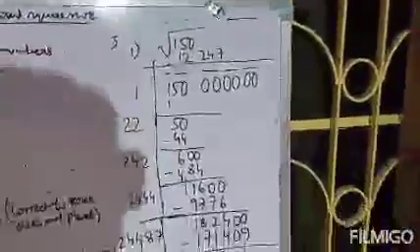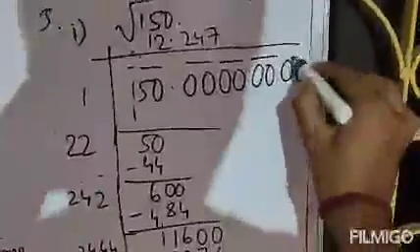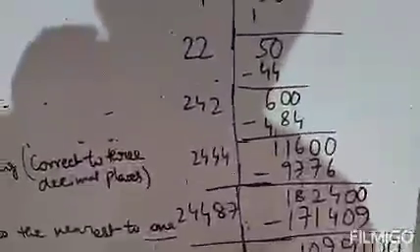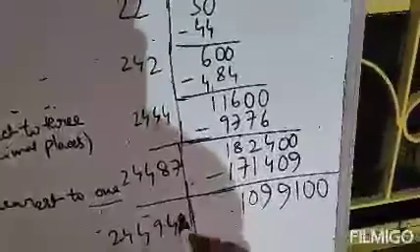Clear? Now after the decimal there are three digits, so only one extra digit will be taken. These two zeros were used, so again two zeros. Clear? Again two zeros, these two zeros will be there. Now multiply it by 2. Now do it by 4 again.